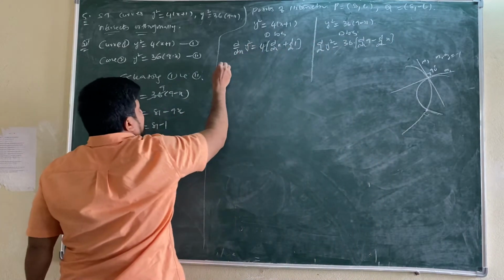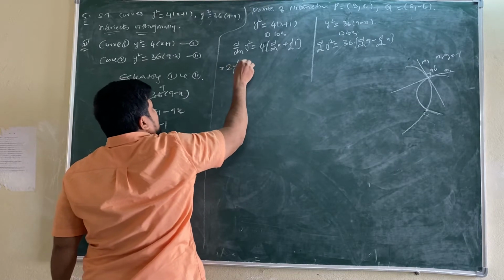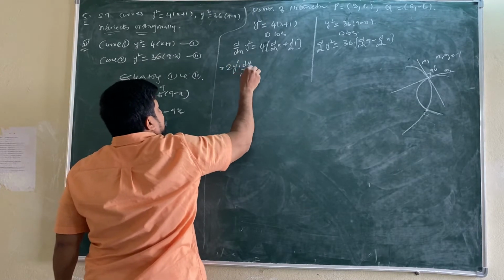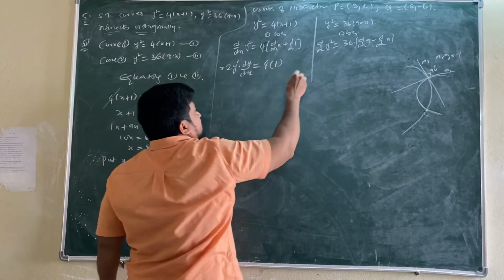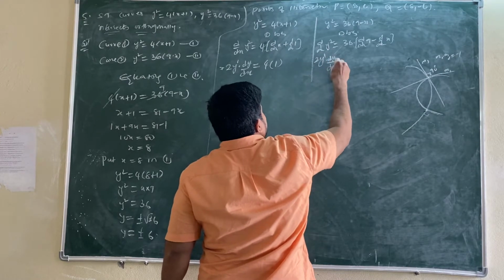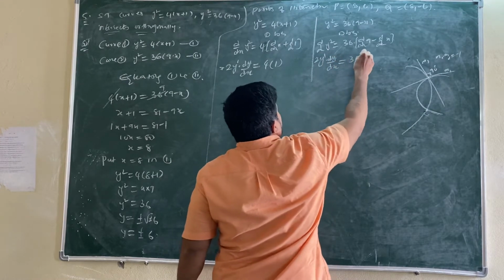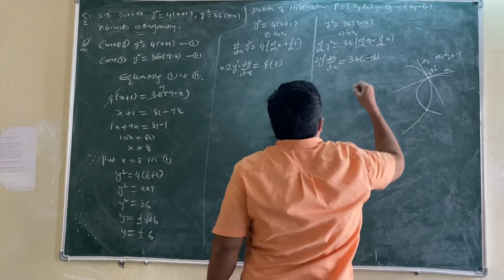Y square derivative: suppose x to the power n, it is n into x power n minus 1 into d by dx of y. 4 into 1 plus 0. 2 into y power 2 minus 1 into dy by dx. Then 36 into, this is 0, we will not write 0, minus 1 we will write.